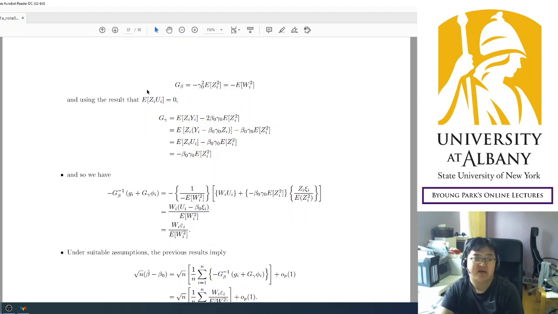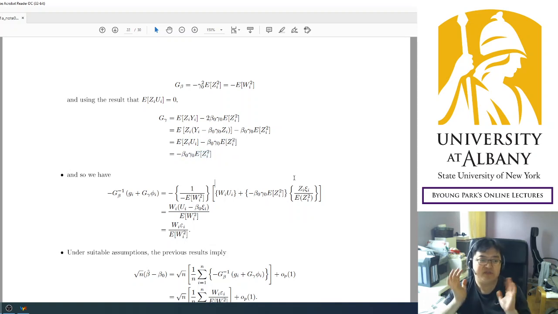We know that the instrument Z is uncorrelated with the new error term U. So G can be written this way, and you may sum up some part, and that becomes U, which disappears. So in the end, you only have this much.